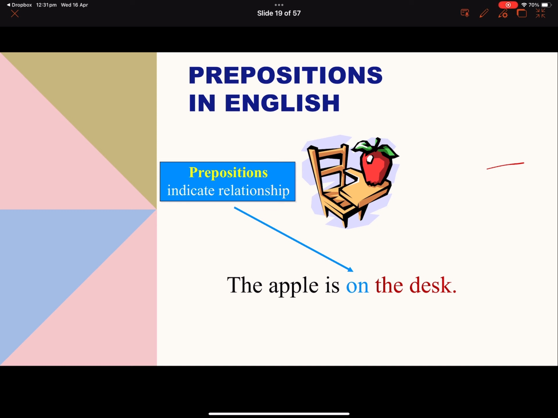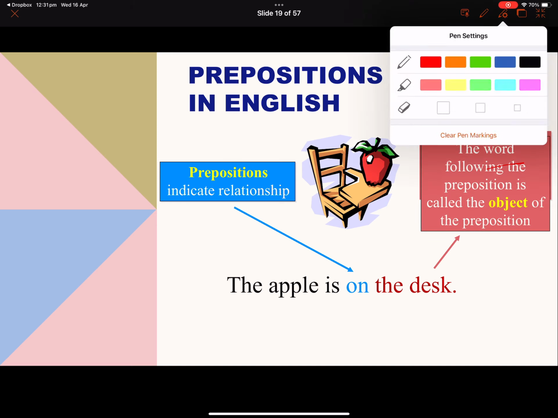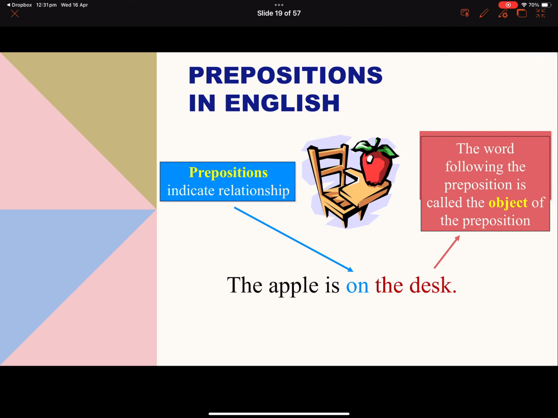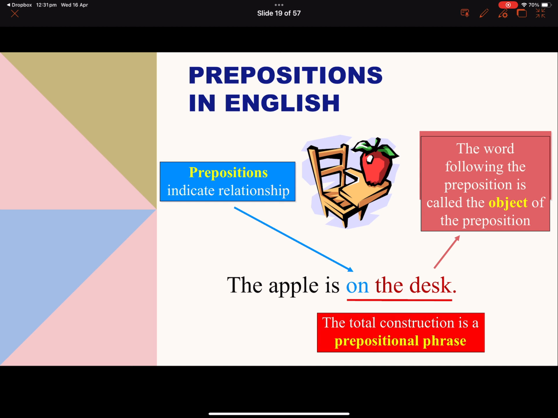So the preposition on indicates relationship, and the word which is following the preposition is known as the object of the preposition. This is particularly important in Greek, and so when we start doing our Greek translation, what we'll actually do is when we get to the preposition, like on, we'll bracket out the section, so the preposition and the item that comes after it.